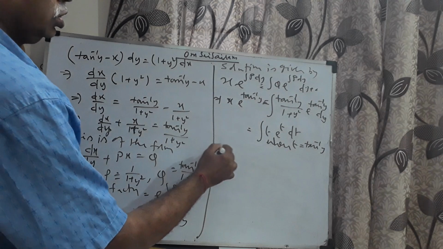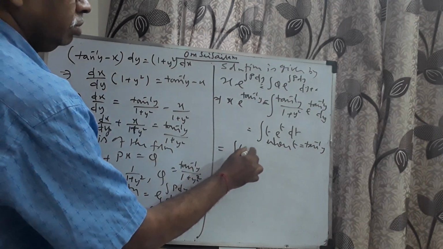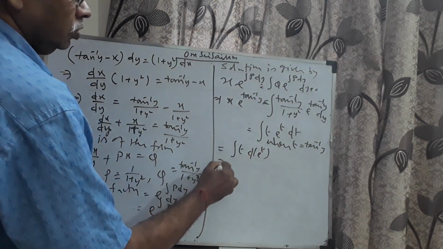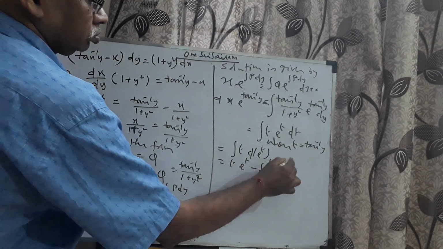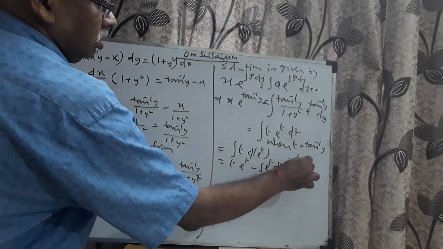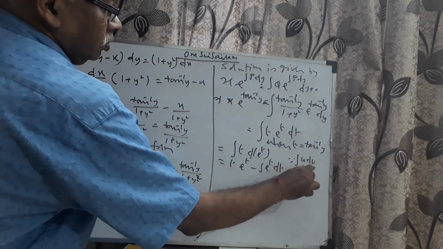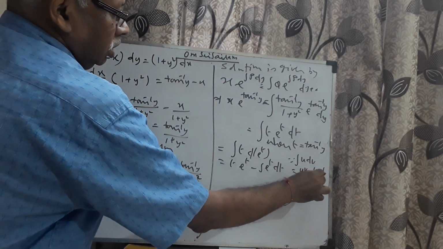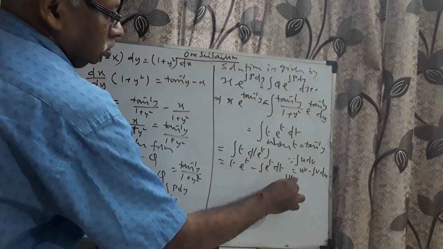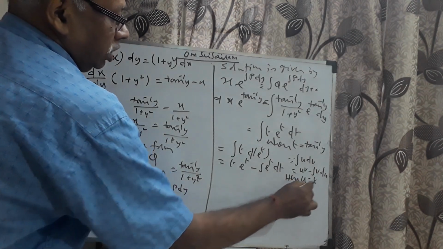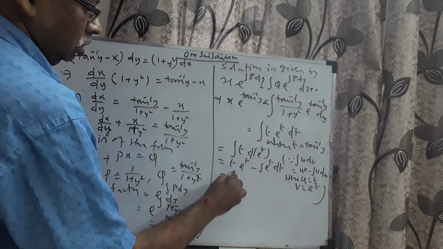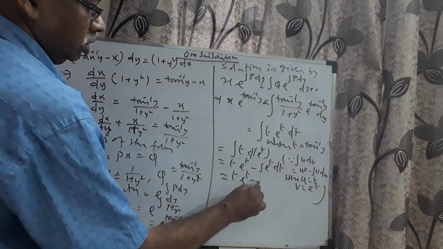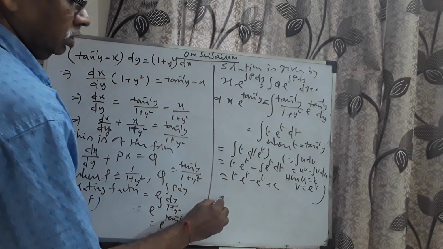Therefore here I apply integration by parts, which is t e power t minus integral e power t dt. Since integral u dv is equal to uv minus integral v du, here instead of u I have t, instead of v I have e power t. Therefore this will become t e power t minus e power t plus c.